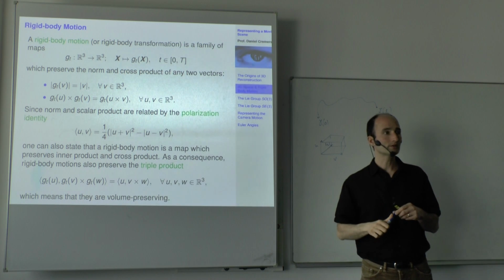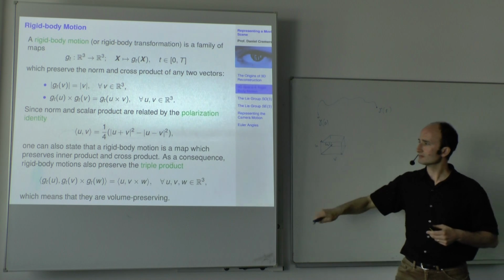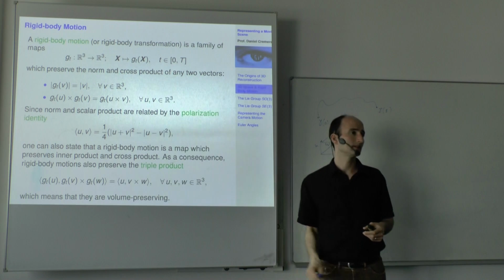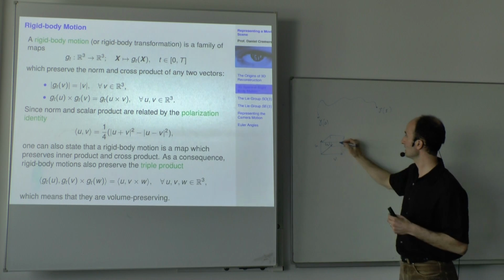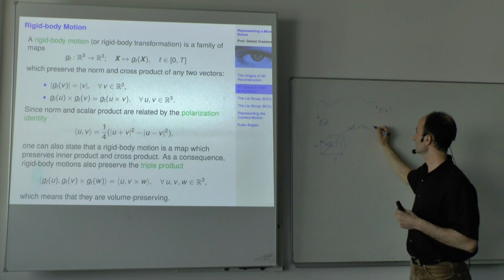And the amount of volume in that block is exactly this one. So the volume in here is given by u scalar multiplied by v cross w.